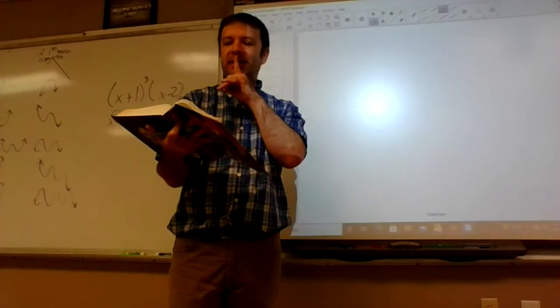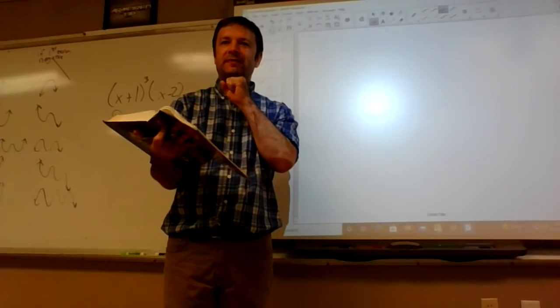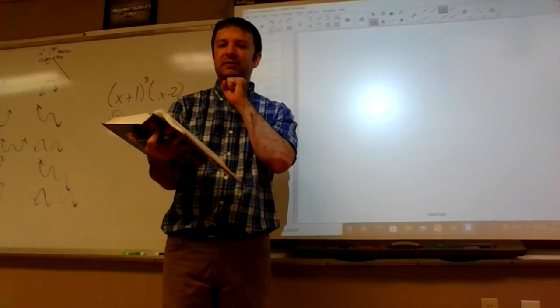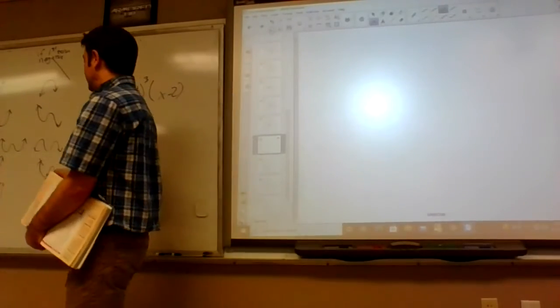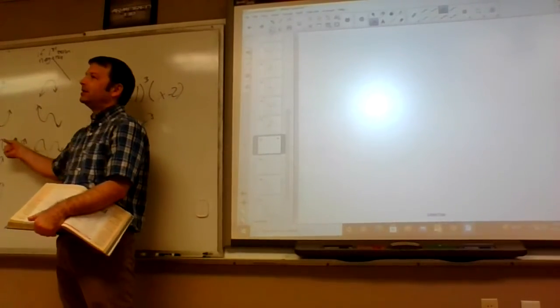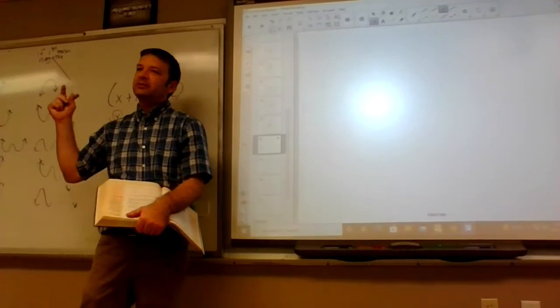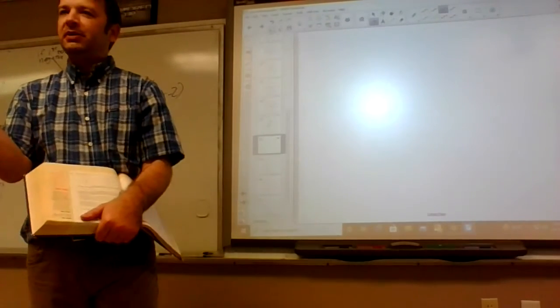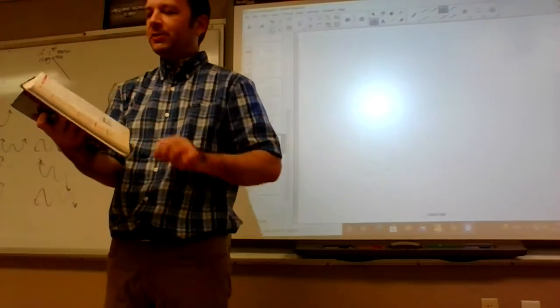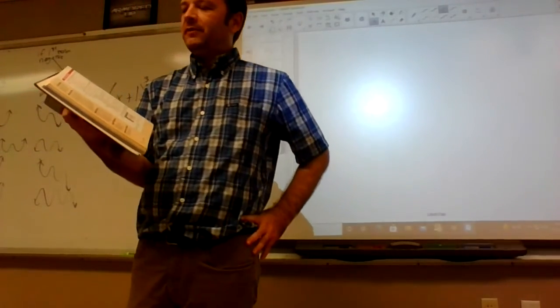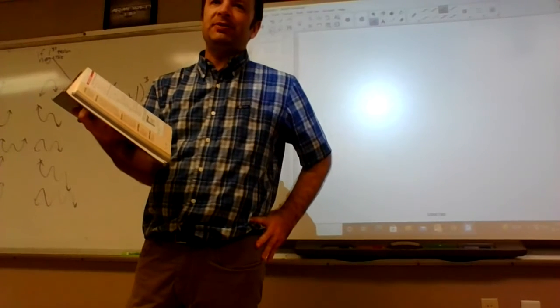On 10, how many x's do we have? 4. Okay, so it's a quartic, so it's this or this. Is that first term positive? The first negative on the front of number 10, is it being squared?